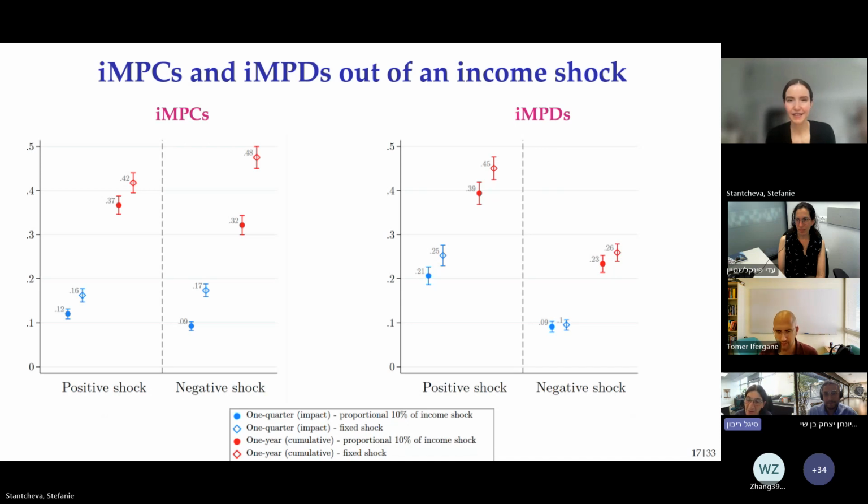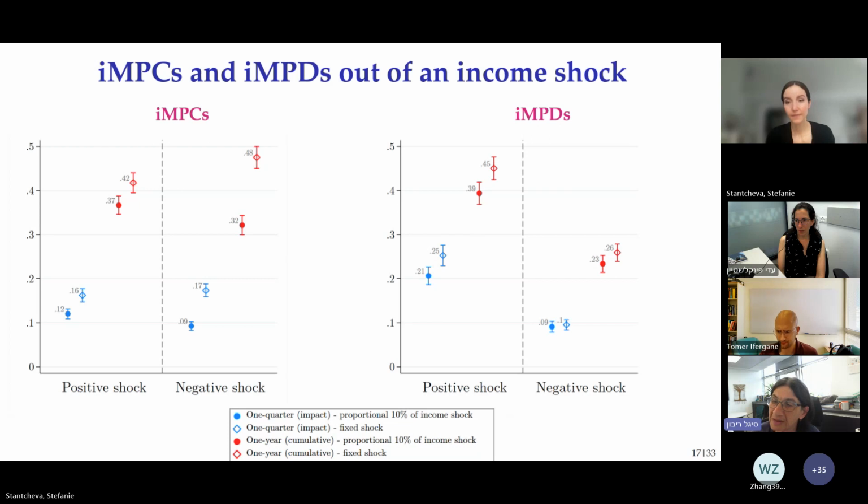Thank you. Just a small question concerning the survey itself. Did you try to compare between answers of people when you ask them about a proportional or fixed shock? Because you know the income, so-called income, as it is reported, so you can derive the proportional shock for people that you asked concerning a fixed shock.